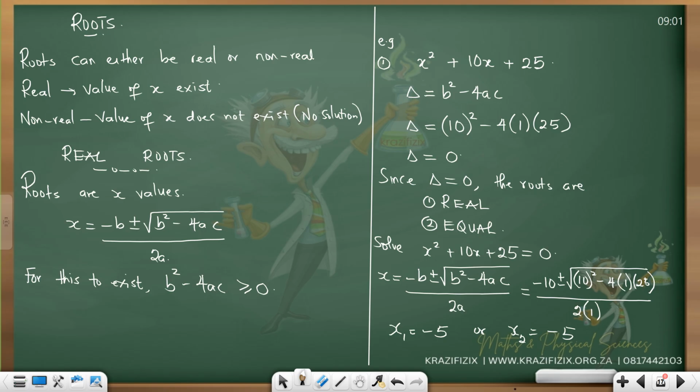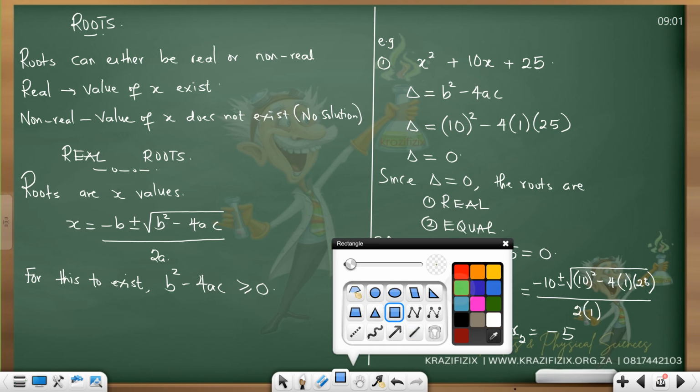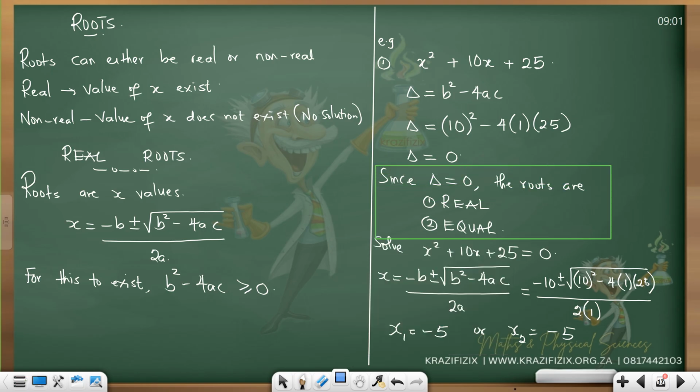Roots are real and equal. Please box this information. We're going to put all of this information together. So number one, roots can be real, and not just real, they can be equal. And the condition for them to be equal is that b squared minus 4ac should be equal to 0.